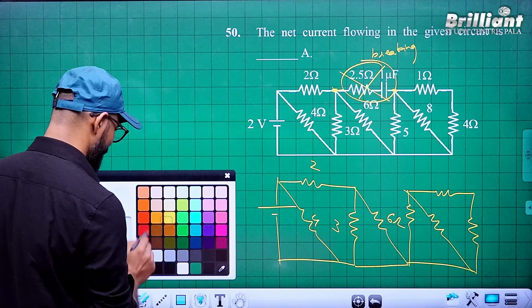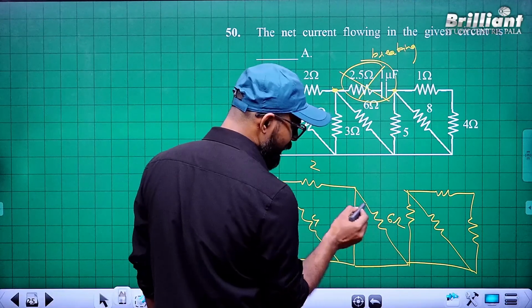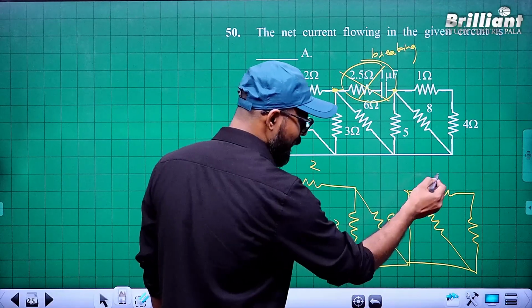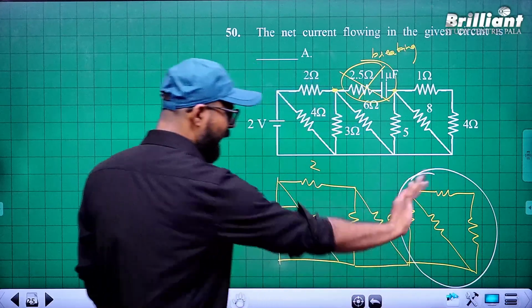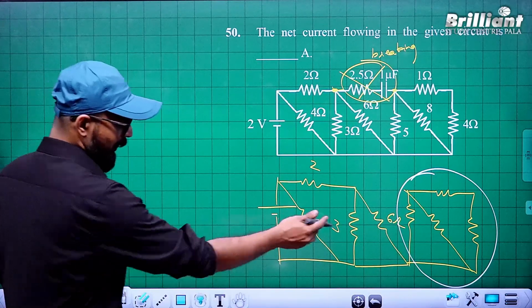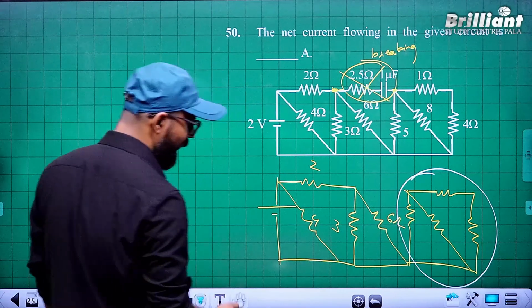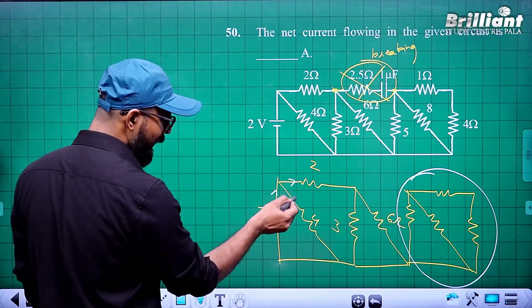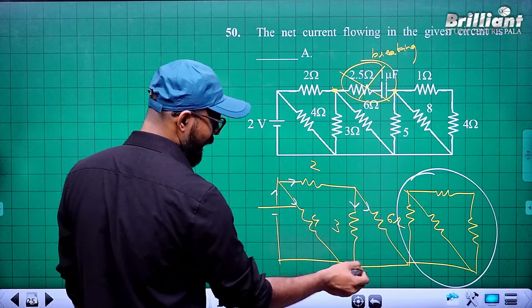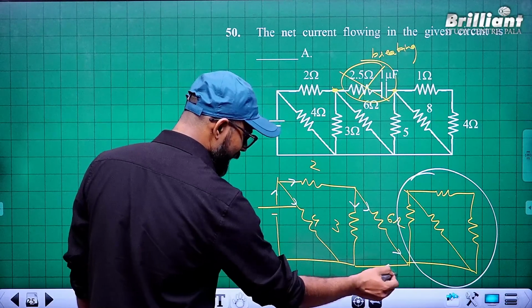But look at this, the current will simply not pass through this particular part. You can see that this is completely detached from the source. So the current that enters will get divided here, and then it will turn back over here.